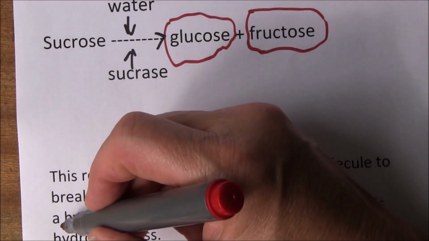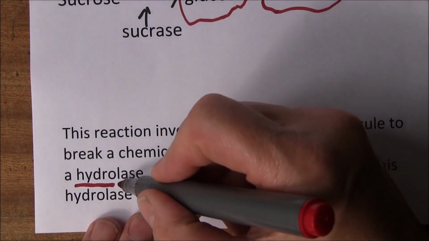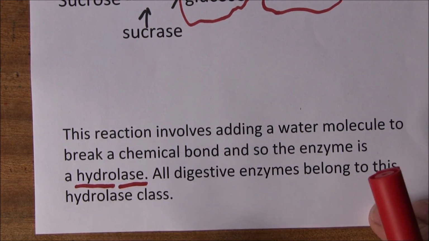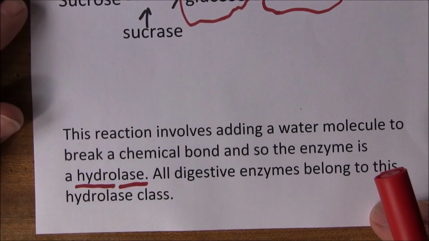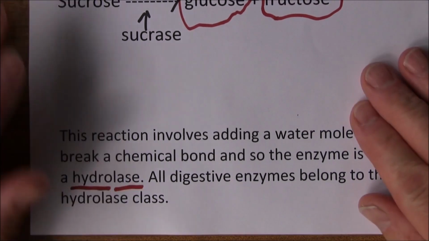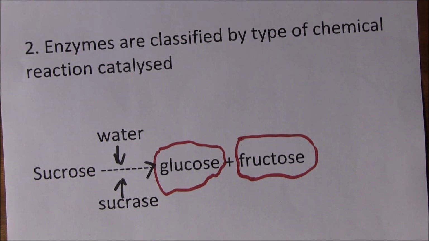So hydro is the prefix meaning water, and as we know, -ase means enzyme. So they're hydrolase enzymes which break down by the addition of water. And all digestive enzymes are actually hydrolase type enzymes.